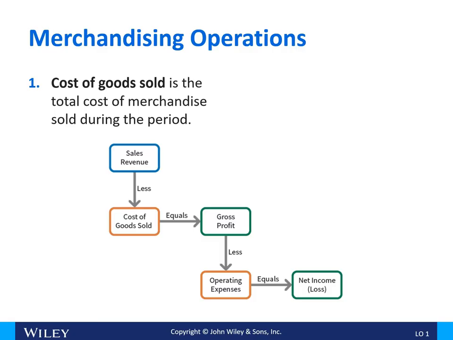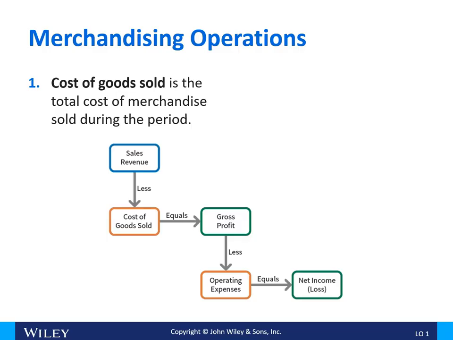If we look at some new concepts here, we'll get into more detail when we talk about the multi-step income statement. We'll come back to this kind of model. But the cost of goods sold is a new concept that we haven't seen before. That's the total cost of merchandise sold during the period. So if we take our sales revenue, what we get from selling the goods, less the cost of those goods, so cost of goods sold, that's going to equal our gross profit.